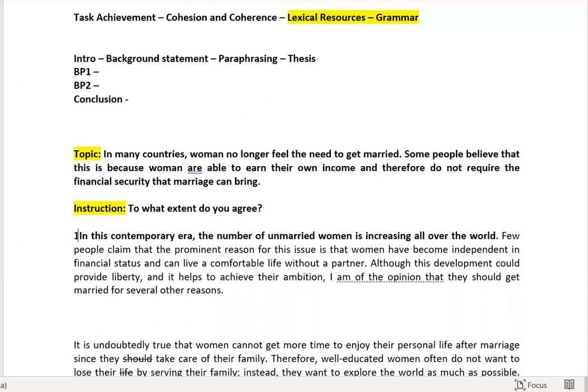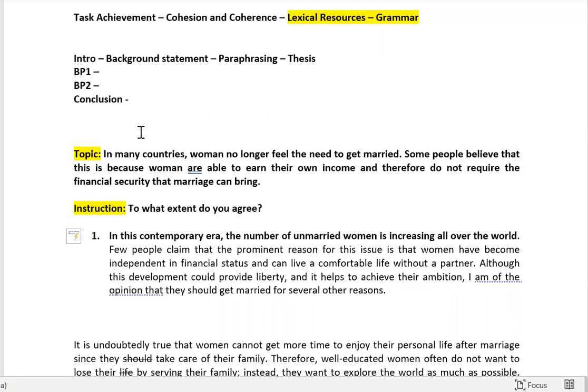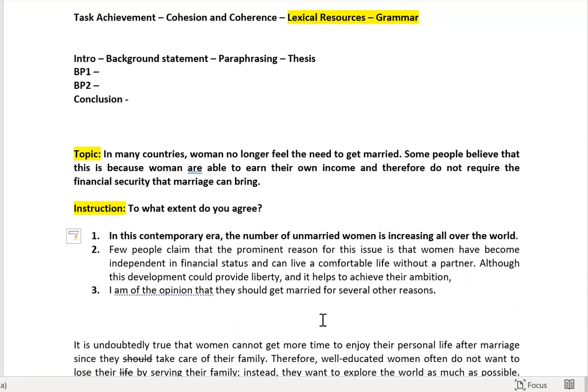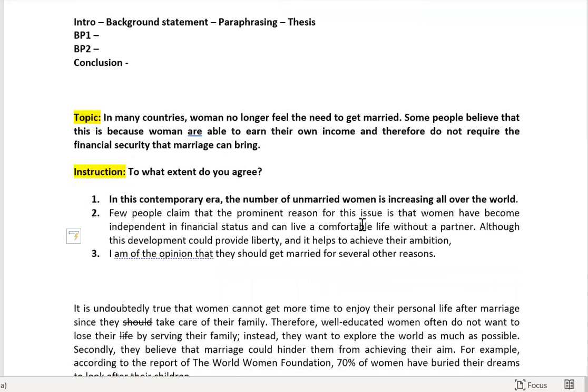One is the background statement, second is paraphrasing, and third is the thesis, basically. So this guy has already written all three things.